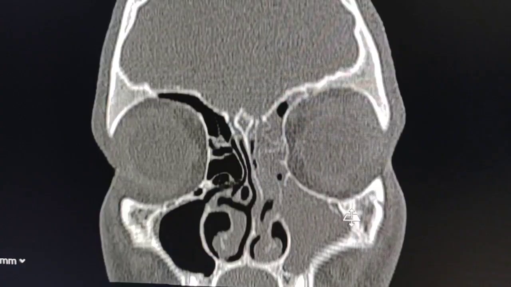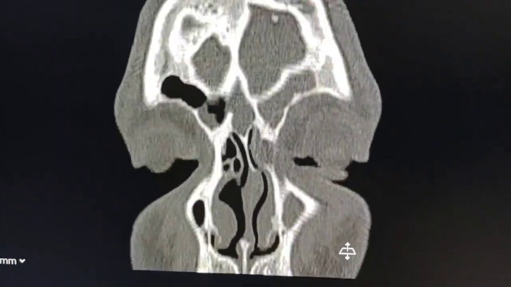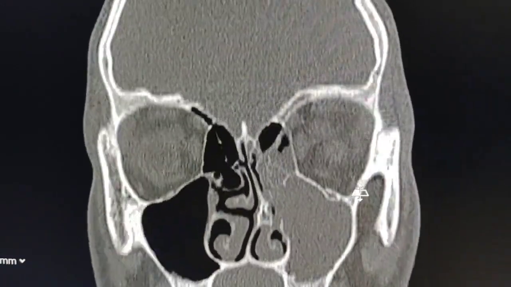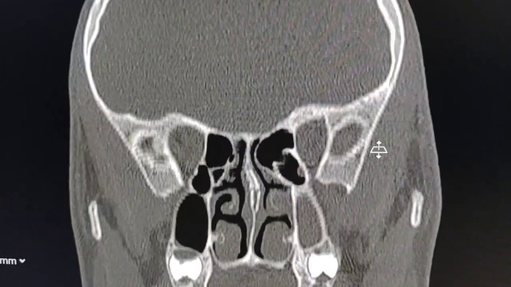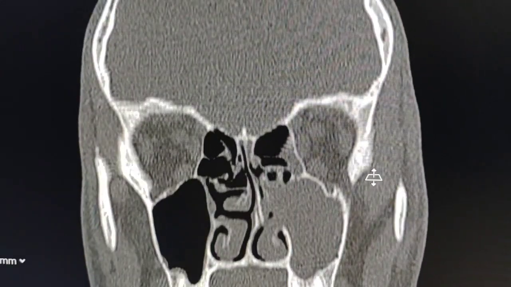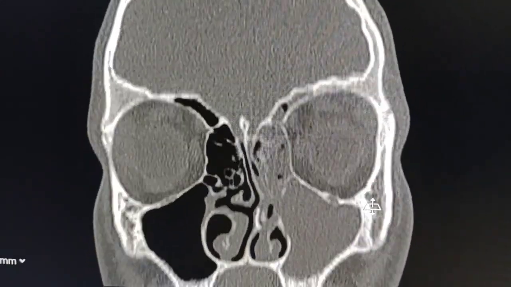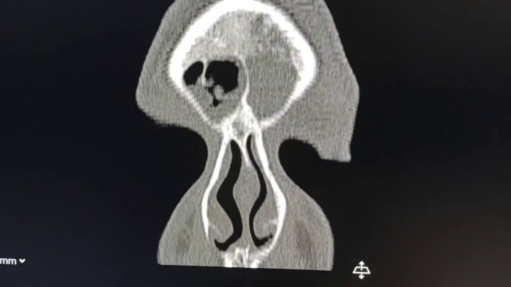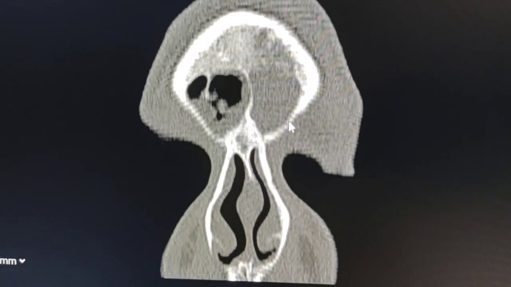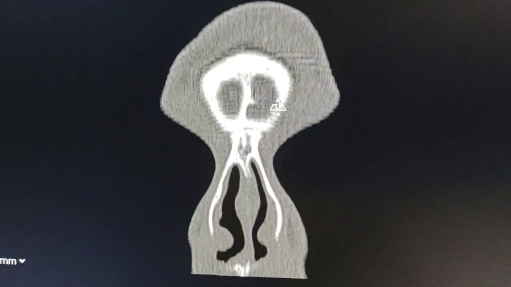The left-sided paranasal sinuses are fully opacified, as the drainage of the left maxillary sinus is compromised, resulting in opacification of the left frontal sinus as well.